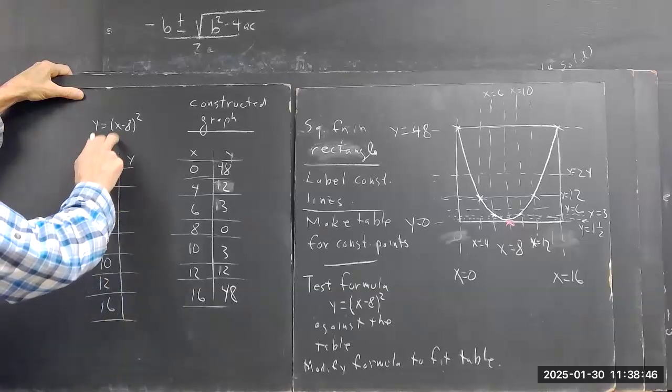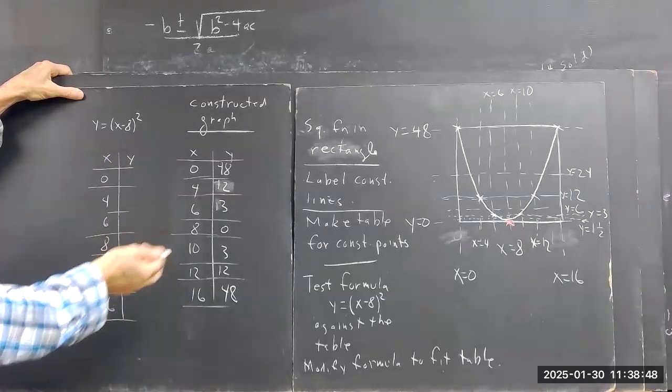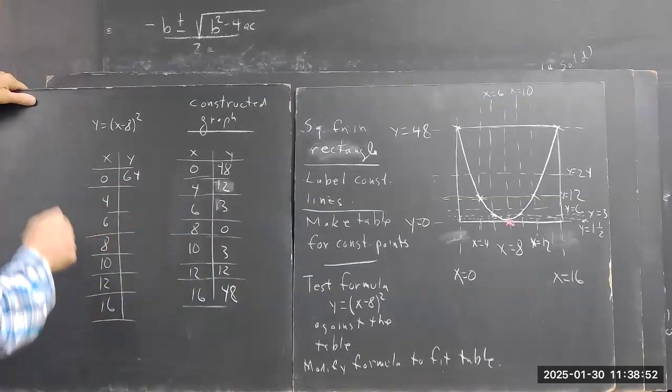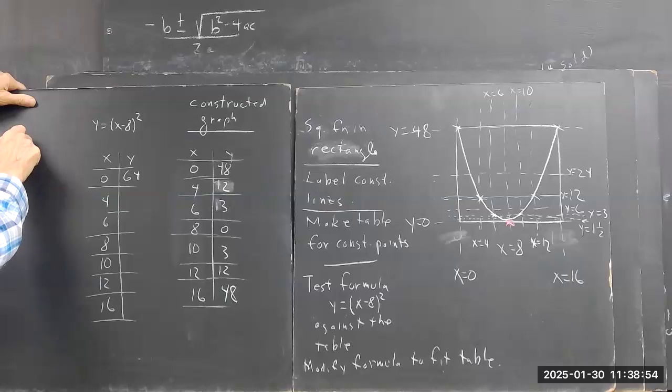If x is 0, 0 minus 8 is -8. -8 squared is 64. Just do the calculation off to the side.